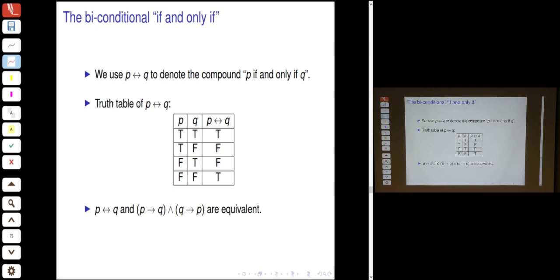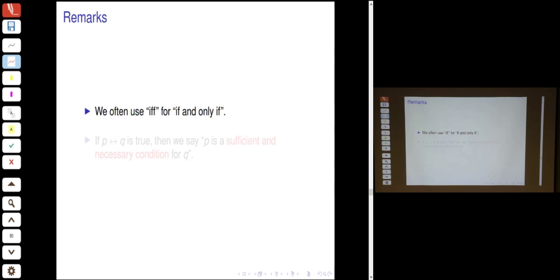As the name suggests, P double arrow Q is the same as if P then Q, and only if. This part stands for only if. So therefore, this double arrow reads as if and only if. So these two are equivalent. In mathematics, people usually use IFF as a shorthand for if and only if.